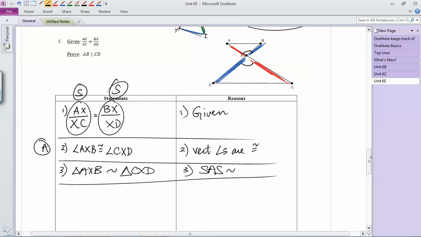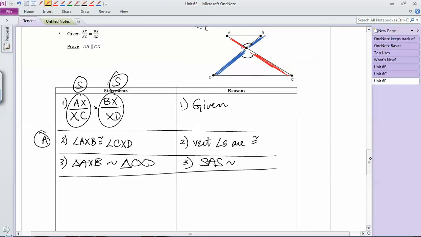So the goal is to prove AB is parallel to CD. Well, the ways to get parallel lines are by using various congruent or supplementary angles. And if you notice here, I could now say this angle matches up with that angle. A goes with C. Angle A is congruent to angle C. Notice A is the first letter here, C is the first letter there.